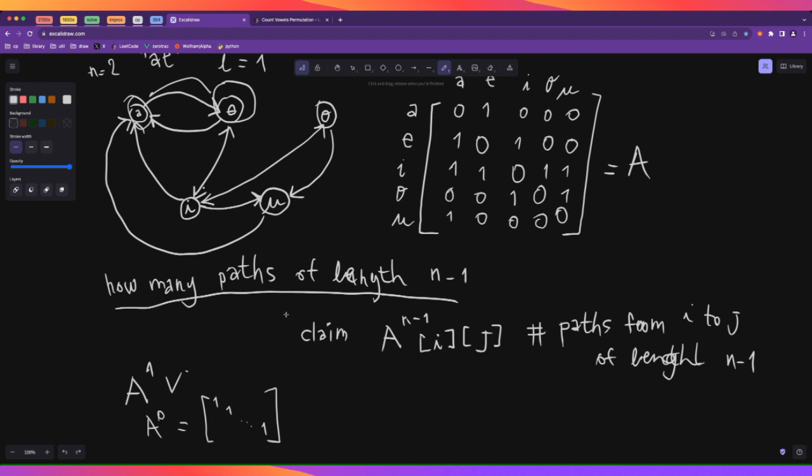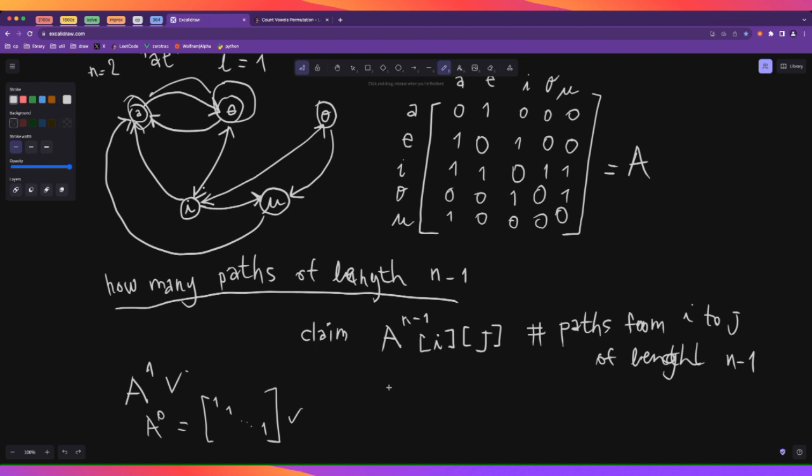And it makes sense here because if you have zero edges, there's only one path from A to A, and there's no path from A to any other node, and the same goes for E and for every other node. So in the case of A to the 0, it's also true.